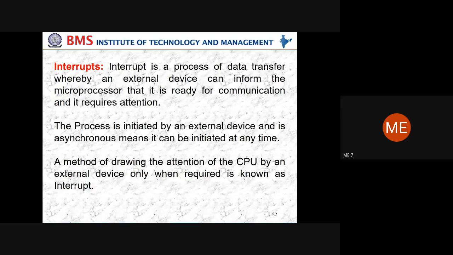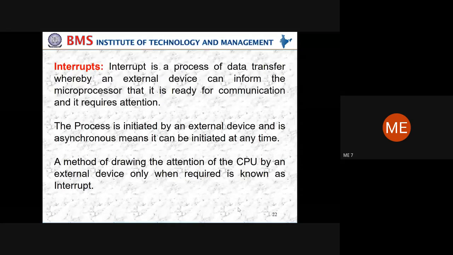At any point of time, the microprocessor is carrying out its intended operation, meaning its own task. Some work has been assigned to the microprocessor, and it is doing its own task. As long as the microprocessor is allowed to do its own task, the interrupt will not come into the picture.